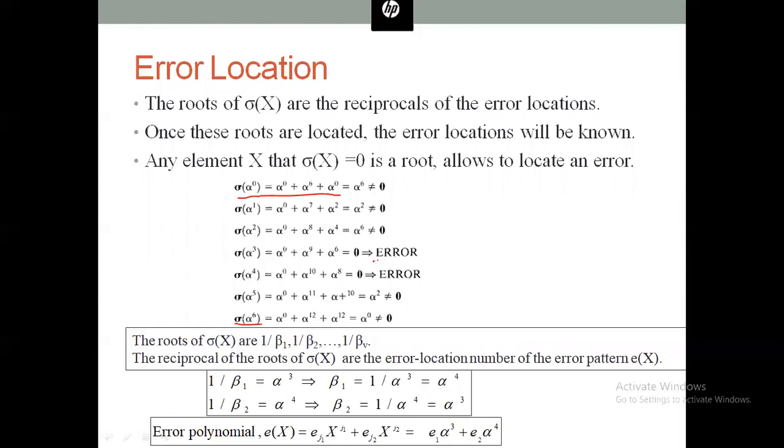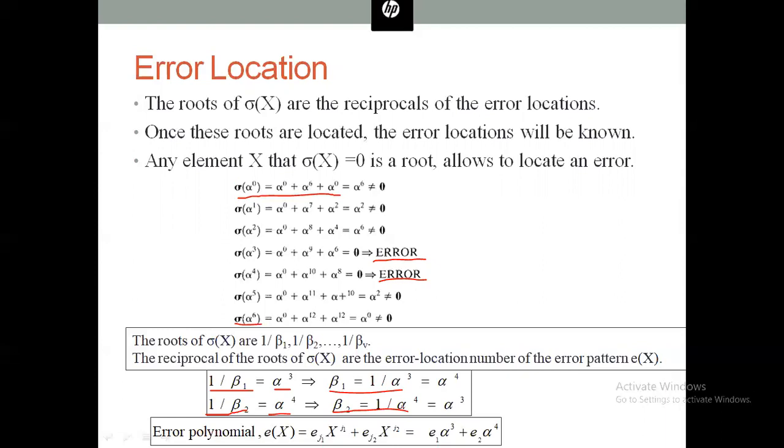Where the value is 0, we mean there is an error. So the location is in fact 1 by beta 1, which is alpha 3, and 1 by beta 2, which is alpha 4. Vice versa, we can say that beta 1 is equal to 1 over alpha 3, and beta 2 is equal to 1 by alpha 4.